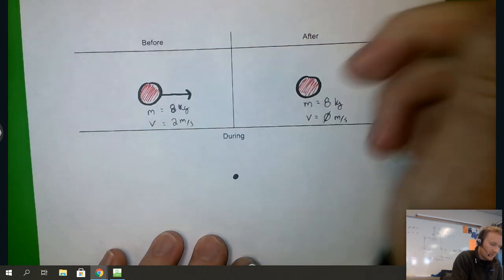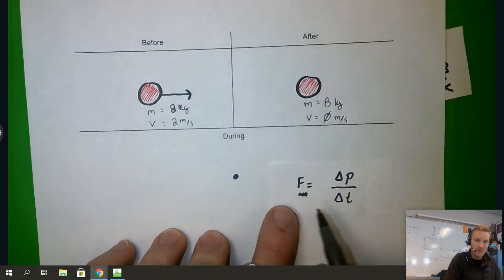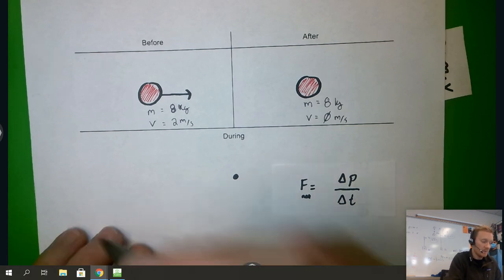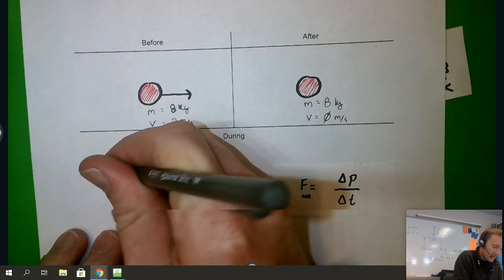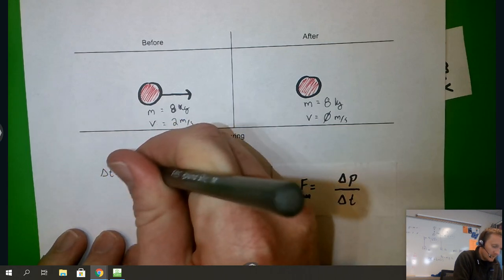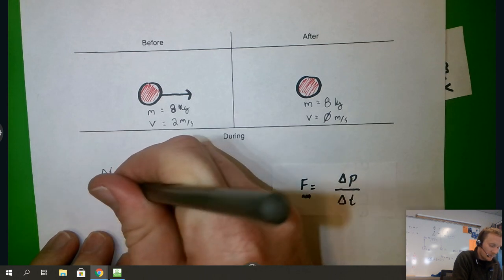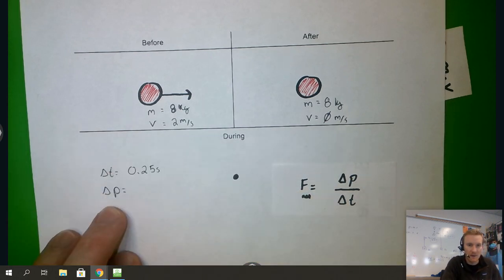So just like before, if we want to figure out the net force acting on the ball in this case, we need to know the change in momentum and the change in time. Now, it did say that our change in time is still 0.25 seconds, which just means that now we just have to figure out our change in momentum. Okay.